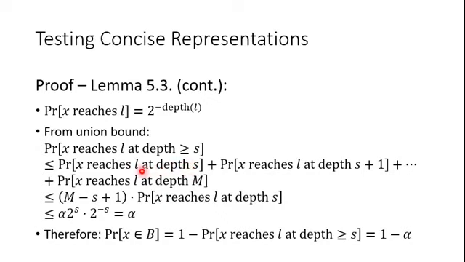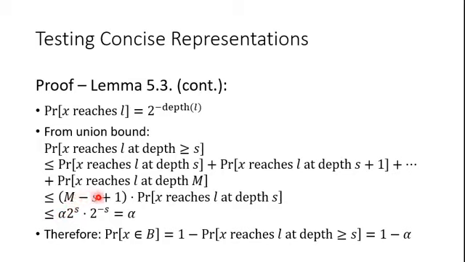Of course, this is the highest one because anything deeper than that has a lower probability. So if we replace all of these summation terms with the probability that x reaches L at depth s, we get that it's smaller or equal to this term. And of course, this term is upper bounded by the number of total leaves that we have, which is alpha times 2^s leaves.